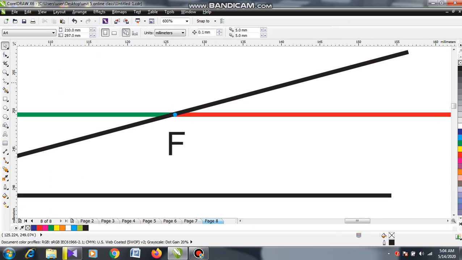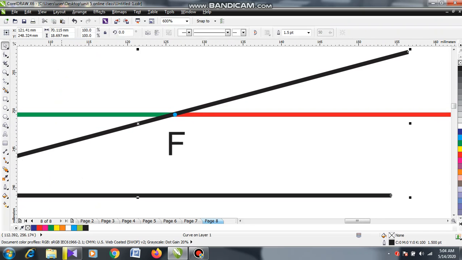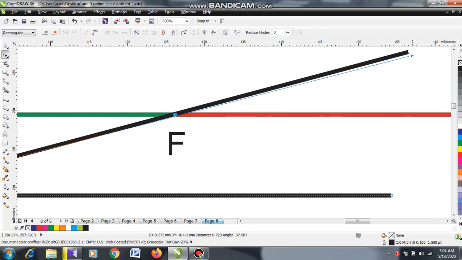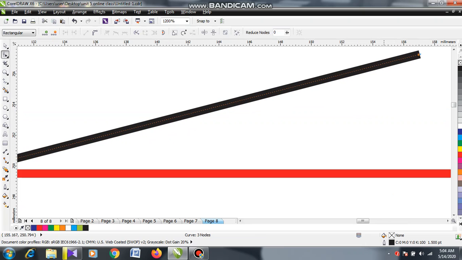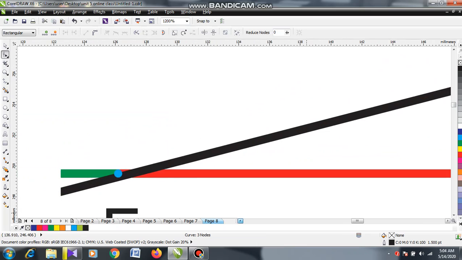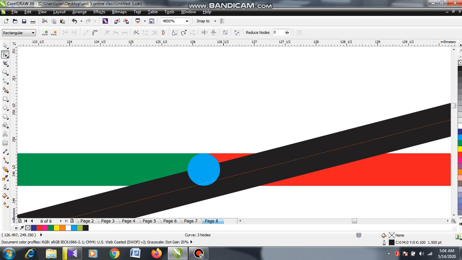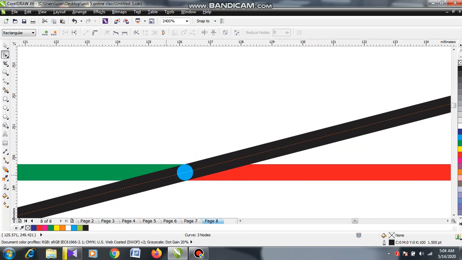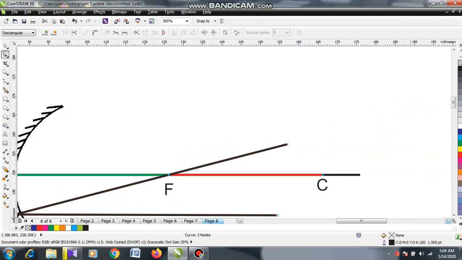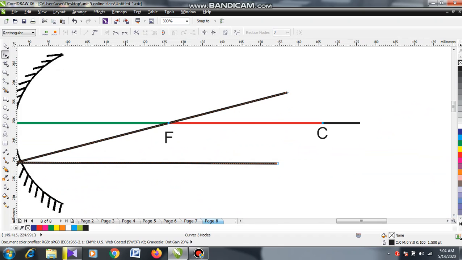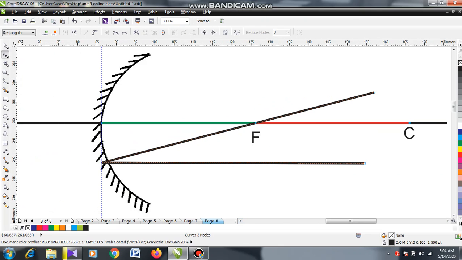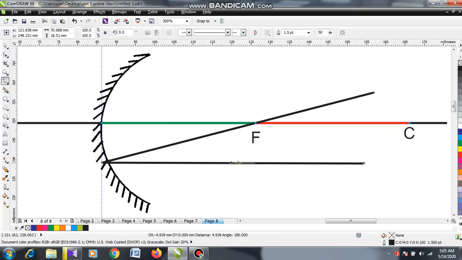Even see, my one is not exact. I have an opportunity to adjust it because it's a vector graph. I can keep adjusting it and make it go correctly through the focal point. When you are drawing, use your rulers and draw neatly.